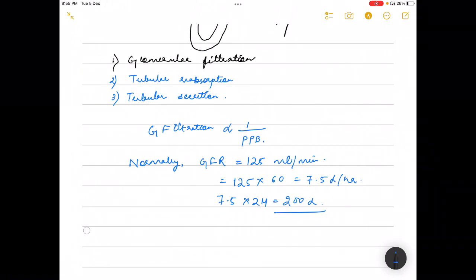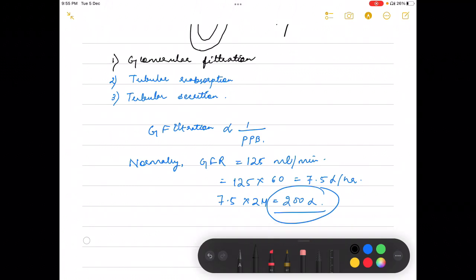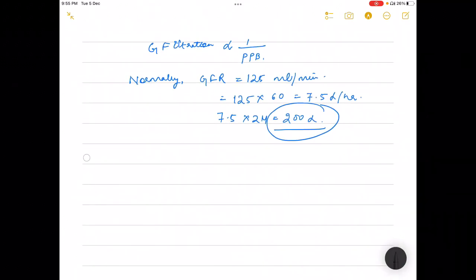But the urine output per day is 1.5 to 2 liters. So what happens to the rest of the fluid? This rest of the fluid is reabsorbed. So the next thing which we will be studying is the tubular reabsorption.